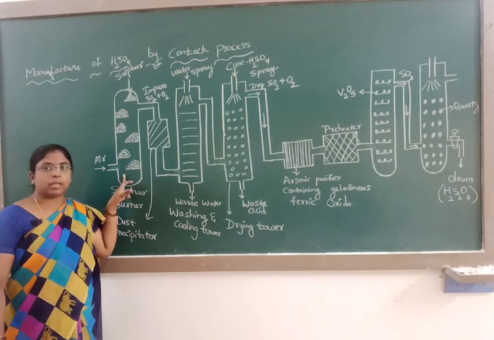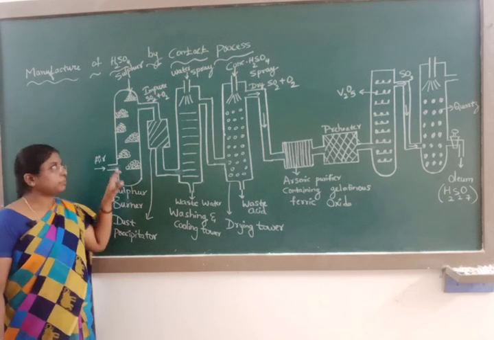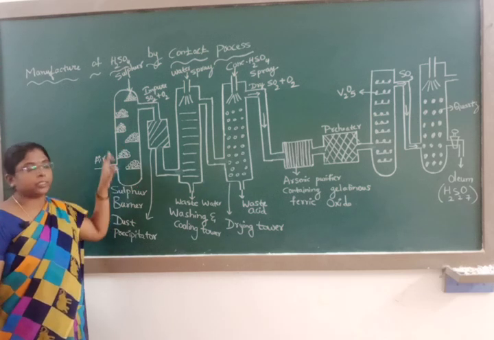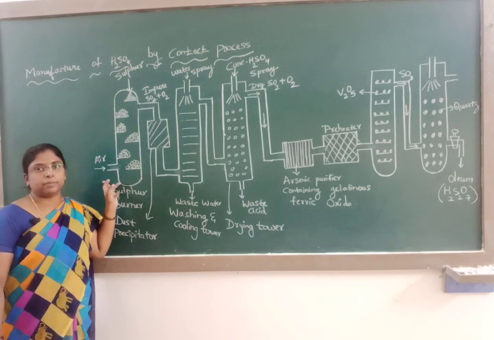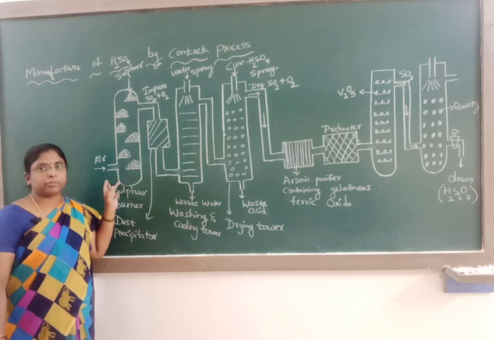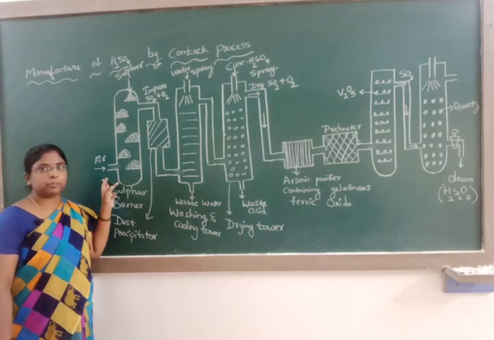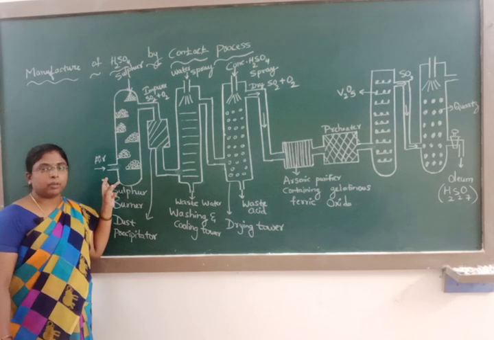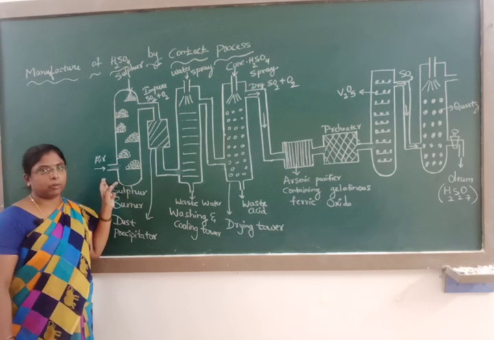Either we can take sulfur or iron pyrites, that is FeS2. Sulfur is burnt in the presence of air to form sulfur dioxide. Iron pyrites is also burnt in the presence of air, and on roasting it is converted into sulfur dioxide.